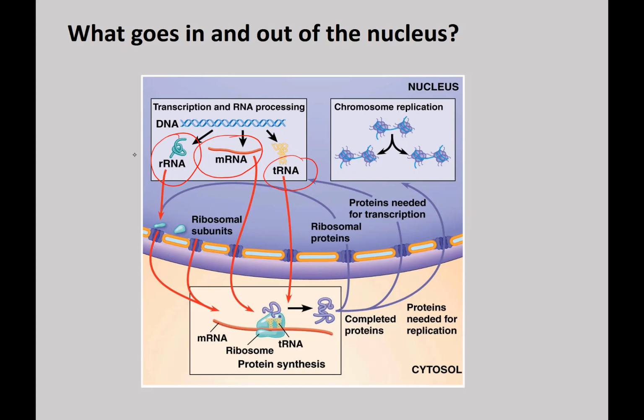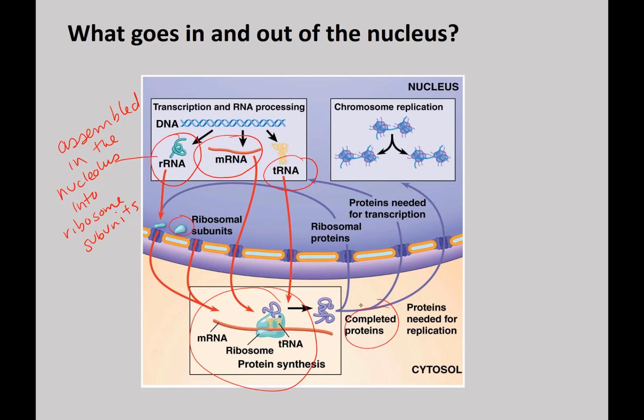Your rRNAs are ribosomal RNAs, and we'll talk about this in a minute, but these are actually assembled in the nucleolus into ribosome subunits. So the ribosomal subunits, these things down here, are actually what gets transported out. Those are all important for protein synthesis.